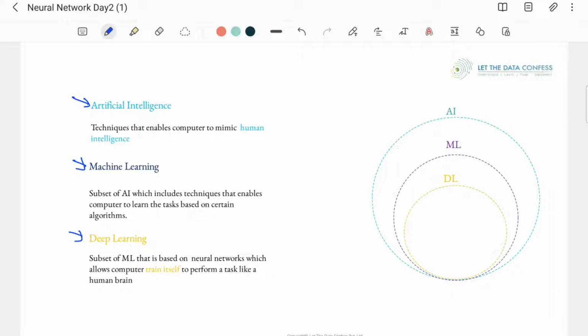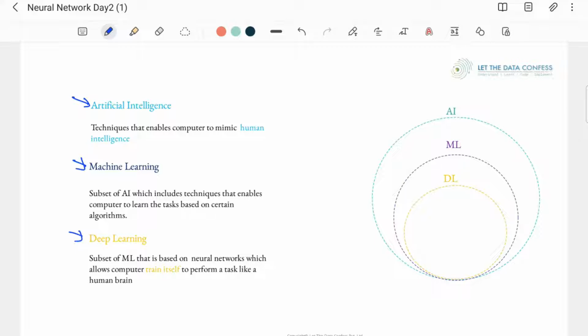What does it mean? Suppose you are making a robot. How does a human work? A human goes to the job, learns, cooks, and does all the things. So it's not programmed to do one particular thing. We do not say to a robot, just identify the images, or classify the images, or do the face recognition. We do not say that. When I'm talking about a robot like a human, it means it should be able to do everything the way that a human does.